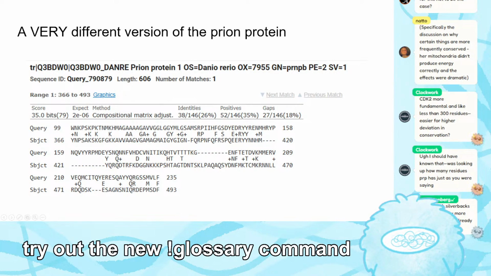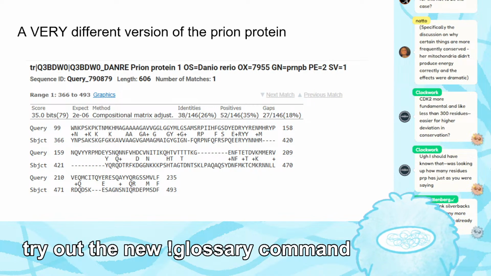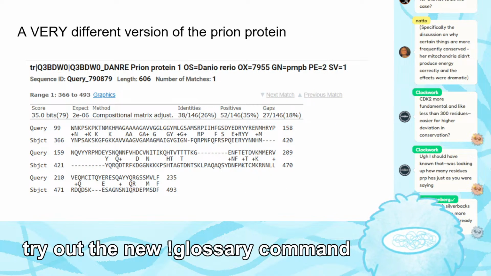So on top here we have the human prion protein, and then this bottom line here, that's the zebrafish. You can see that there's a lot of blanks in the middle that indicate substitutions in the protein sequence that are not synonymous or not even remotely equivalent. And you can also see that the zebrafish sequence has deleted large chunks of the protein, this deletion over here.